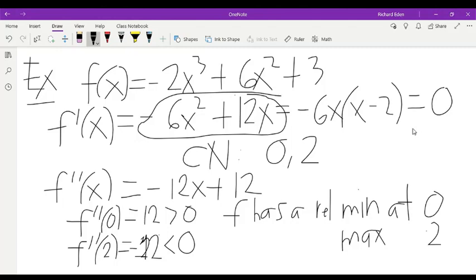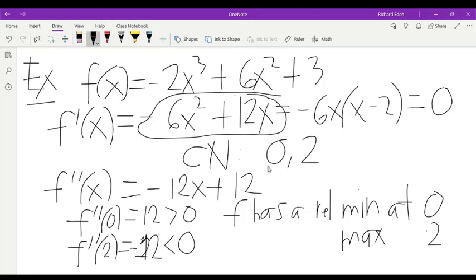You may have encountered such a situation where setting up a table of signs is not the easiest, but if you're going to use the second derivative test, all you got to do is evaluate the critical numbers, and you just have to determine whether the result is positive or negative, as what we just did in this example. However, the second derivative test has limitations.